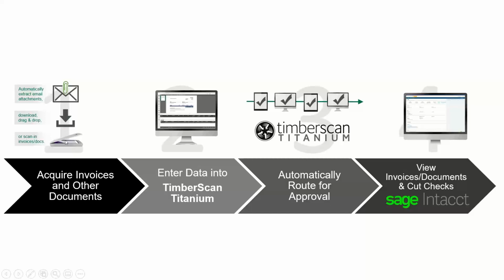But once the invoices have been initially acquired, they're going to go to data entry in TimberScan Titanium. A lot of times when I meet with a company one-on-one that's looking to solve their AP workflow process, many times what they'll say is, well, we send it to the project manager first, and then accounting handles it.